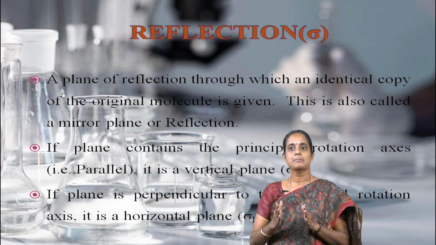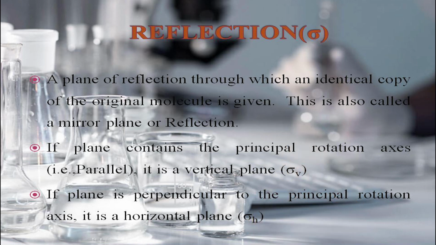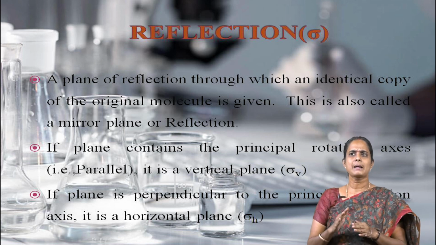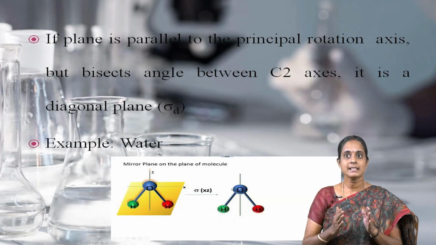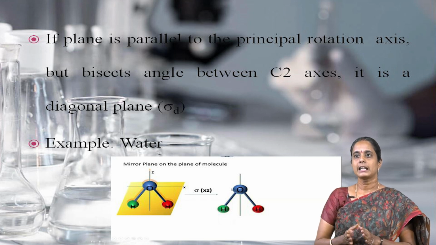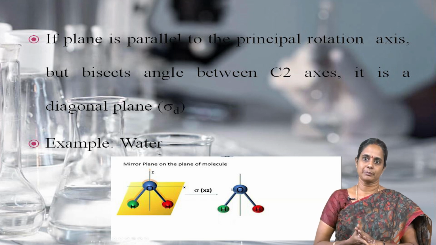If the plane is perpendicular to the principal rotation axis, it is a horizontal plane, that is sigma h. If the plane is parallel to the principal rotation axis but bisects the angle between the C2 axes, it is a diagonal plane, that is sigma d.